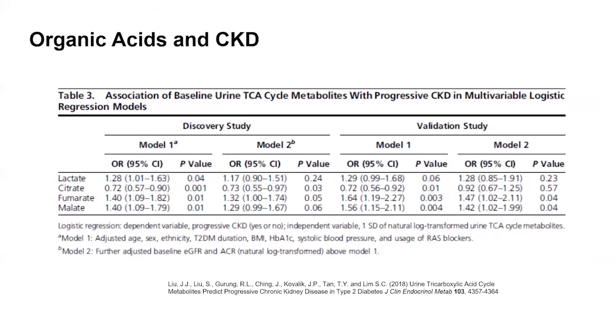The study was headed by JJ Liu, who will be talking next week, and Lim Soo Chi, where they were looking at a cohort of patients with diabetic kidney disease, and they measured the urine organic acids and found that there are changes in the urine organic acids, particularly in the levels of fumarate, which can predict which patients have more severe progression of their diabetic kidney disease compared to other patients who don't have such marked changes in their organic acids.